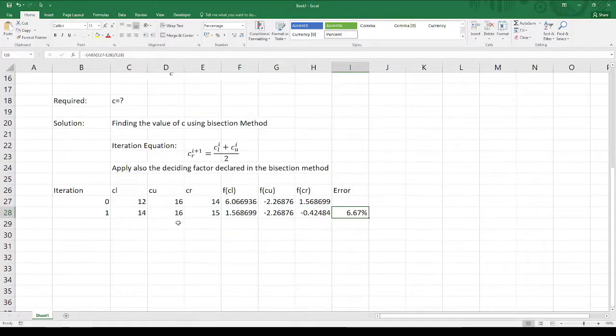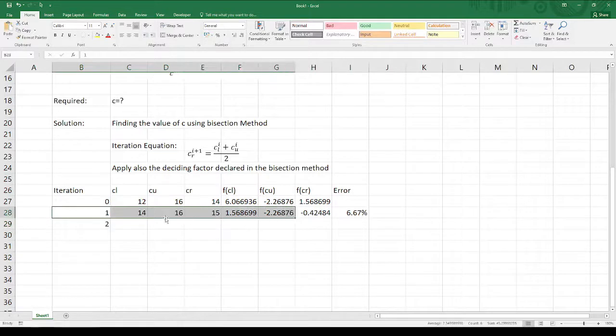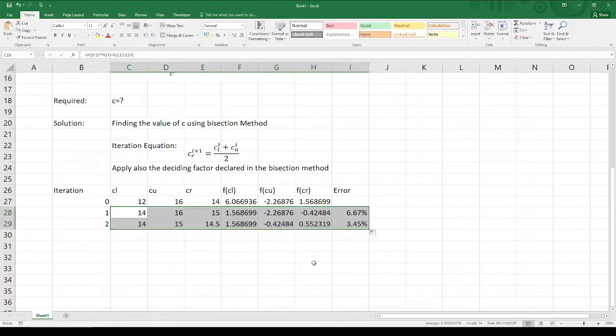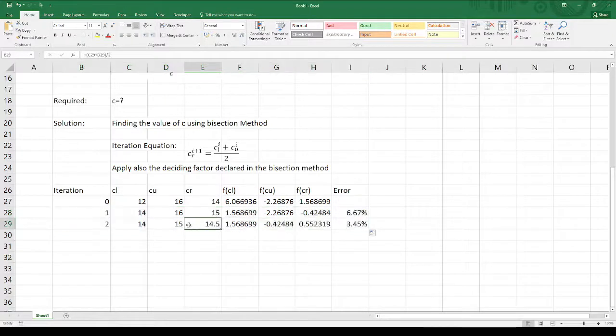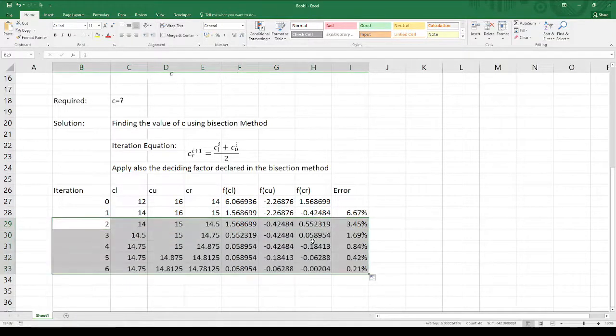So since you established the formula for the bisection method, now you will just have to drag all parts of it. So ako na siyang i-drag dire. So limitless na ang pag-drag, di ba?